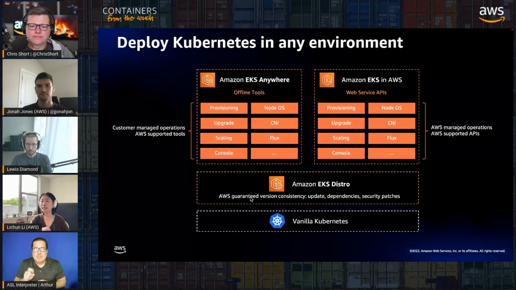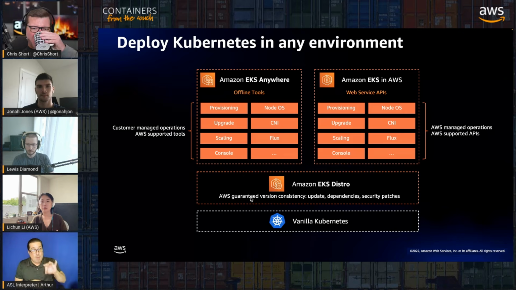So EKS Distro, as you probably have heard from Vipin in the last session, is a Kubernetes distribution, but it is the one that AWS provides testing for and the one that we use for all EKS deployment options so that you can be confident, regardless of which deployment option you're using, the versions of the components are the same.